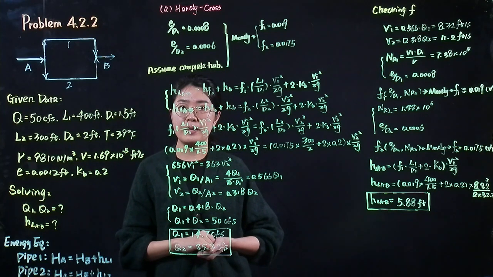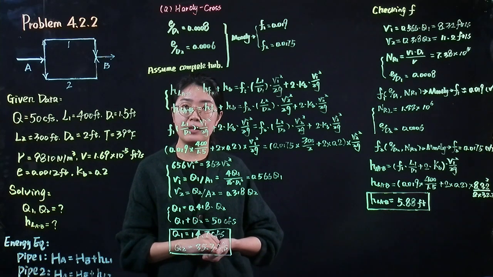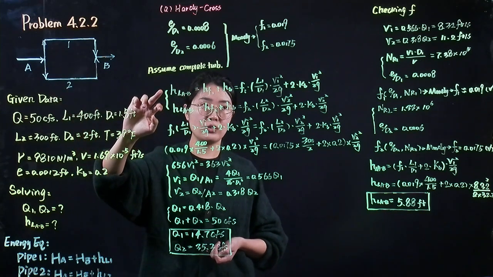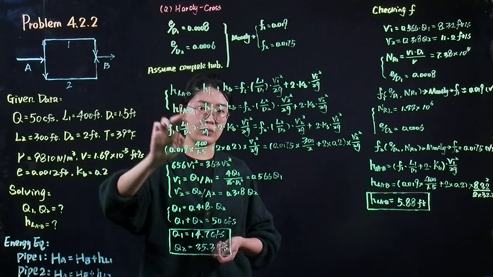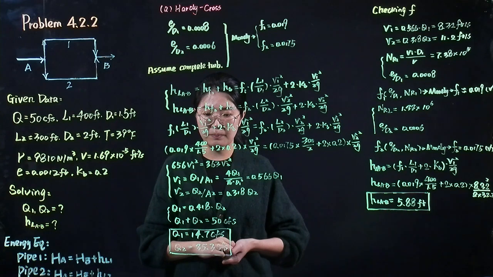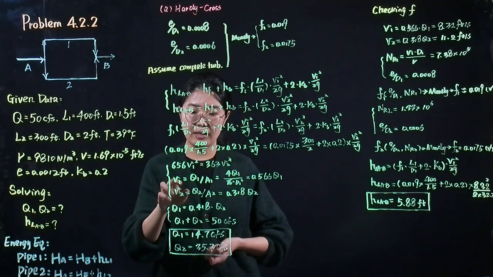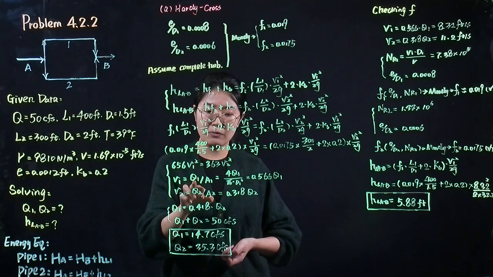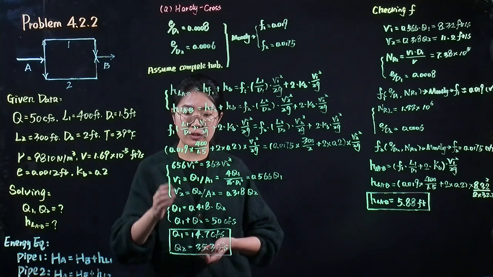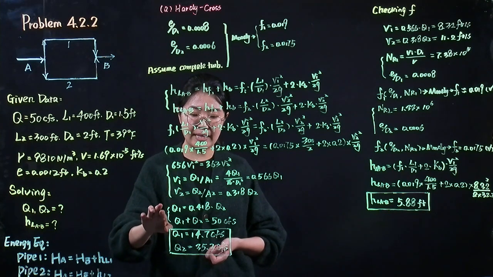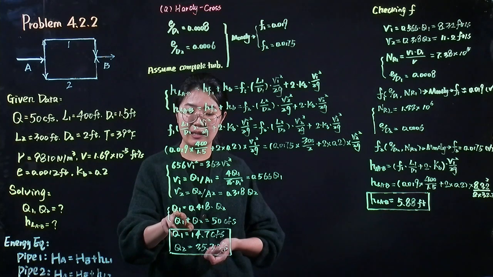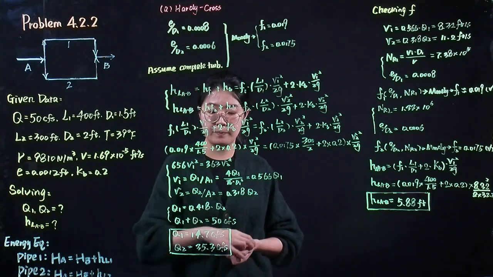And the next step is to write down the head loss equation in pipeline 1 and 2. Then based on these two equations, we can build a relationship between the velocity in pipeline 1 and 2. And because we can represent the velocity by using the flow rate over the corresponding cross-sectional area, after we join these three equations, we can get a relationship between the velocity, flow rate 1 and flow rate 2.